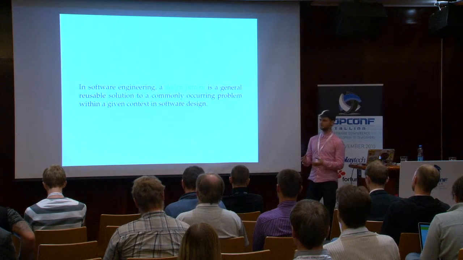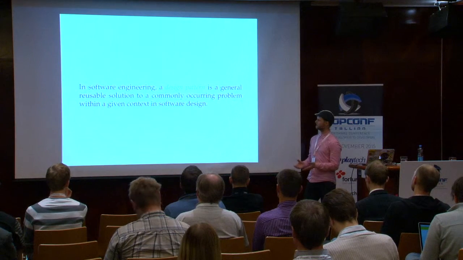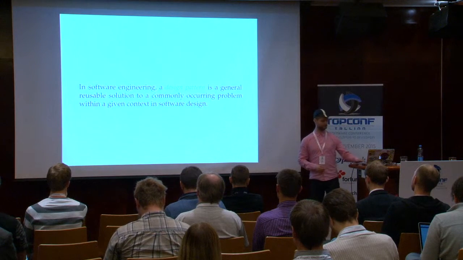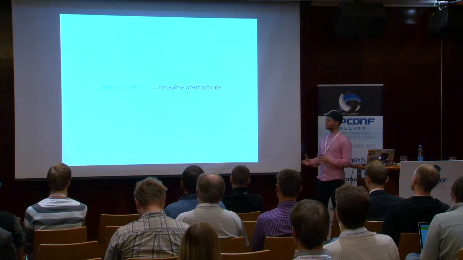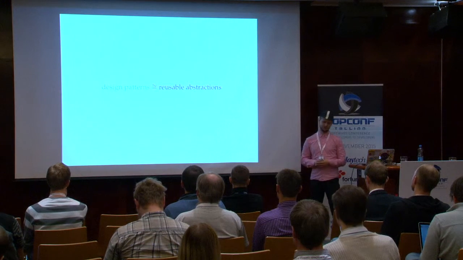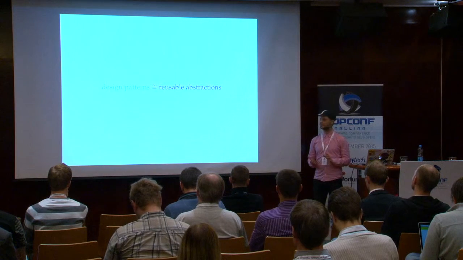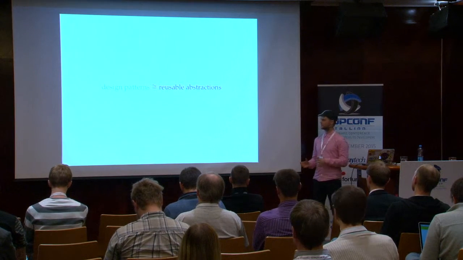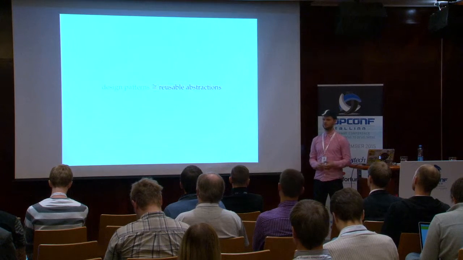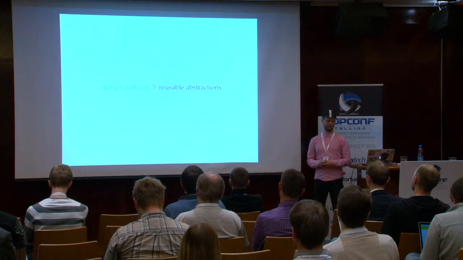They are kind of good things which we already know and reuse. So one way to say it is that design patterns are reusable abstractions. As already seen in the outline, for example, the iterator pattern is an abstraction which we use, and I hope that we all agree that it's usable where it's applicable.